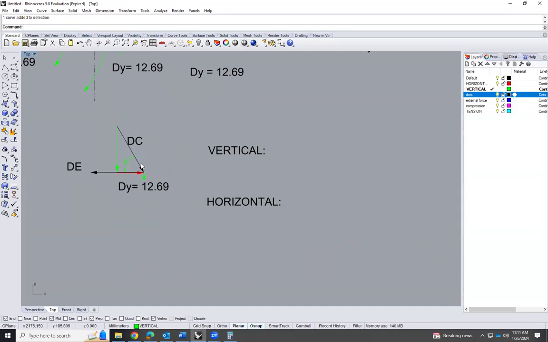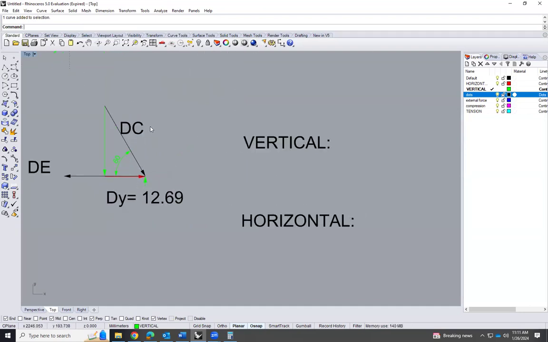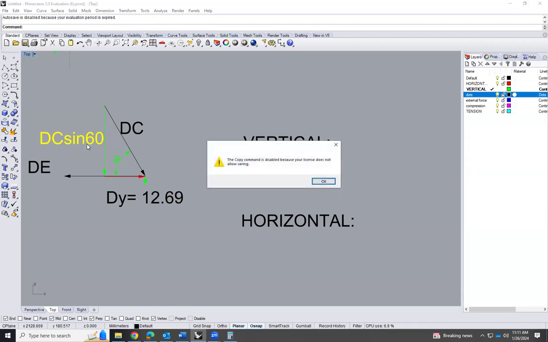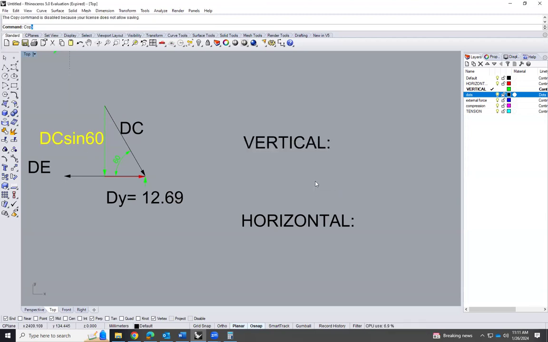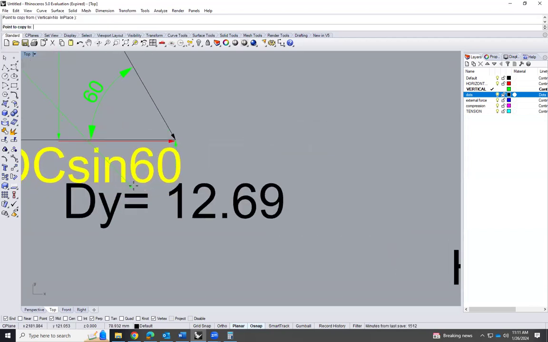Okay, so for the vertical, how much is the vertical component of DC? It's DC. If it's vertical, it's always sine 60. And what's the horizontal component, this red line? It's DC cosine 60.